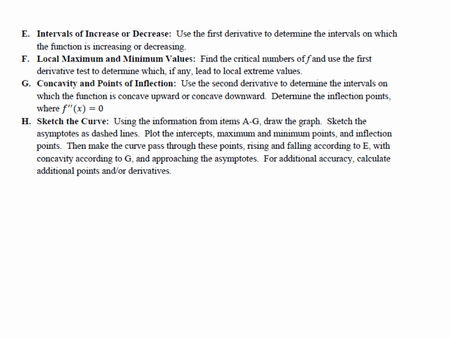And then at the very end, it says, for additional accuracy, calculate additional points and/or derivatives. Sometimes all of that information that we've gotten isn't quite enough to know what's happening to the graph in certain intervals, and so making a very small table of values to get a few points is often very helpful in making sure that our graph is as accurate as it can be.